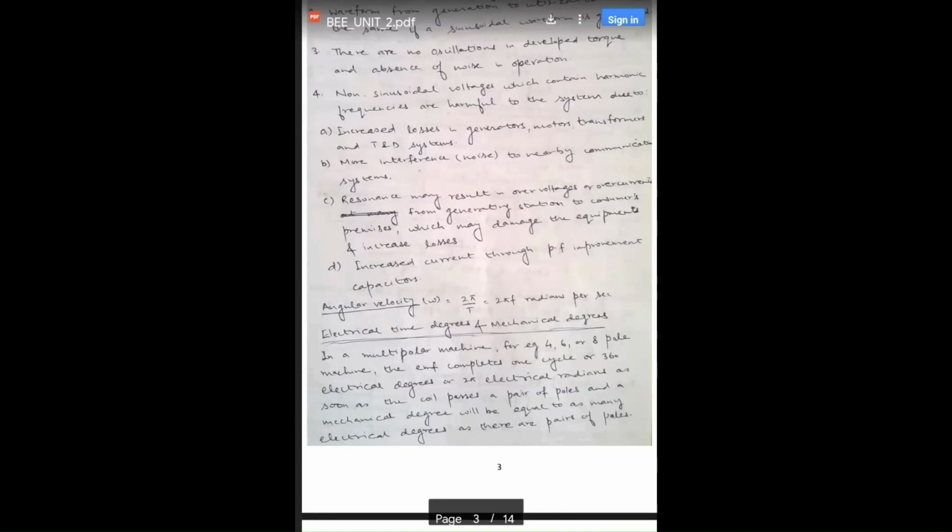For example, if we are using a laptop on the AC supply, we do not get any oscillations or noise. But if we are operating the same AC for motors, induction motors, especially which are reciprocating in nature, and there is an air gap involved, then some noise is produced.